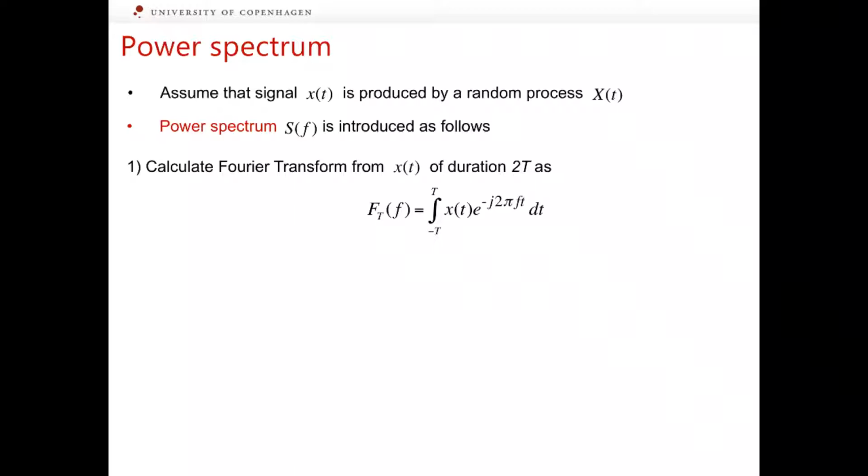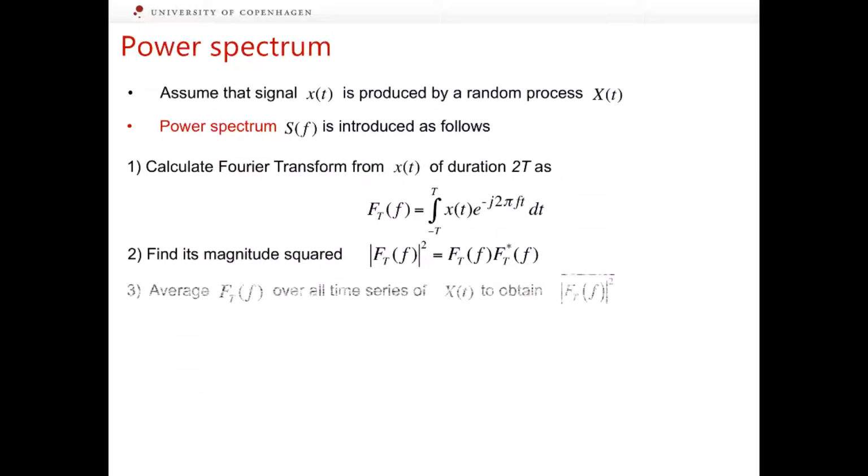This is called finite time Fourier transform. The result is a function which depends on frequency f. Secondly, we find the square of the modulus of the finite time Fourier transform. Because the Fourier transform is a complex function of frequency f, the square of its modulus can be found as the function itself multiplied by its complex conjugate.